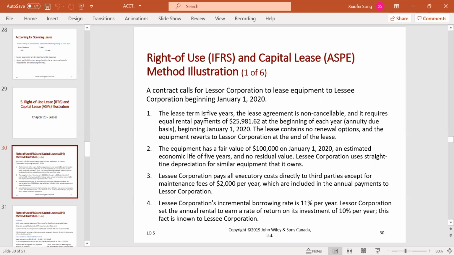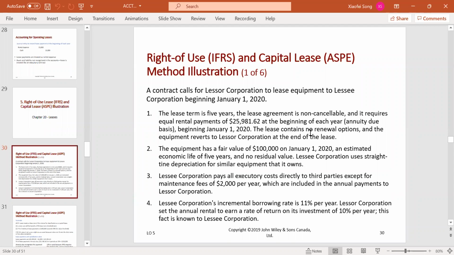The lease term is 5 years. The lease agreement is non-cancelable and it requires equal rent payments of $25,981.62 at the beginning of each year, so this will be an annuity due. The lease contains no renewal options and the equipment reverts to Lessor Corporation at the end of the lease.